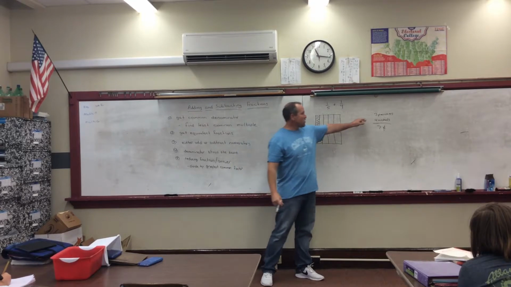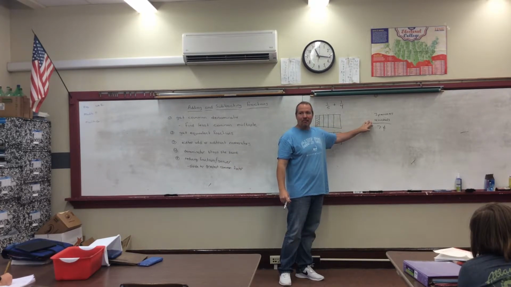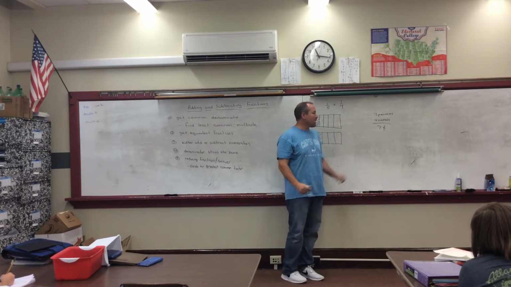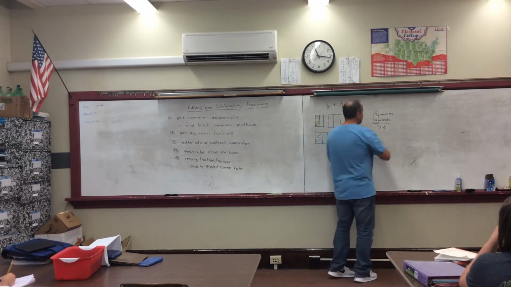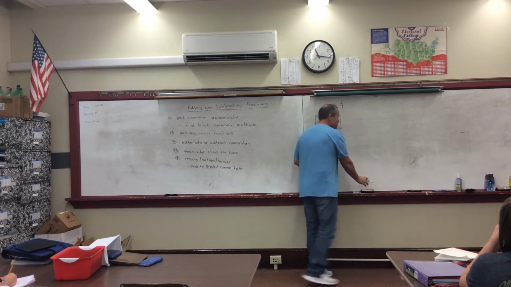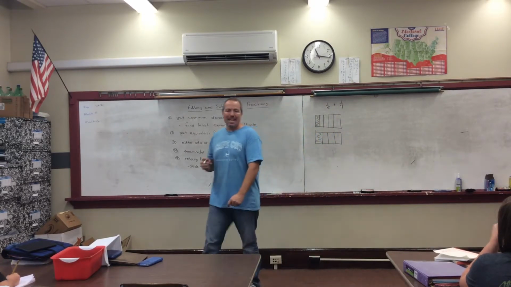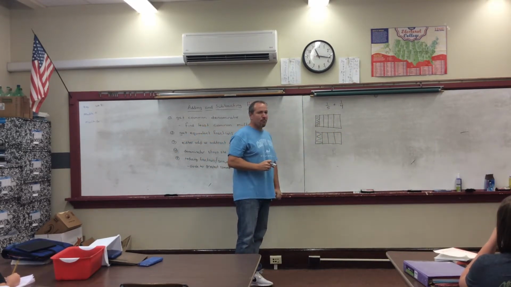Because pennies are worth 1 cent, nickels are worth 5 cents. So we can't just simply add up the 3 plus the 4. Okay? And that's a bad example of it, but we have to get the sizes the same.